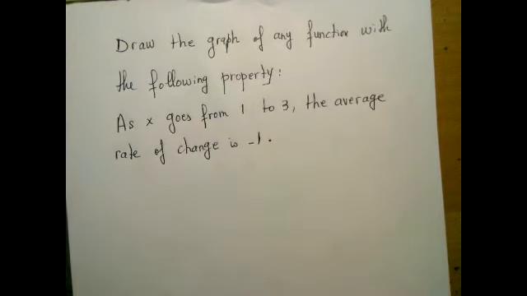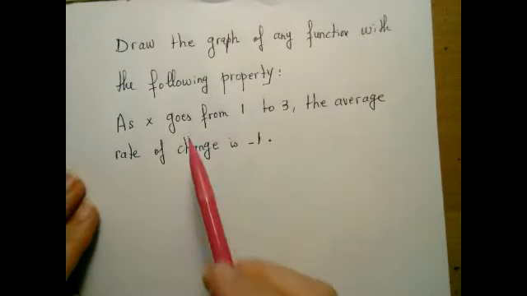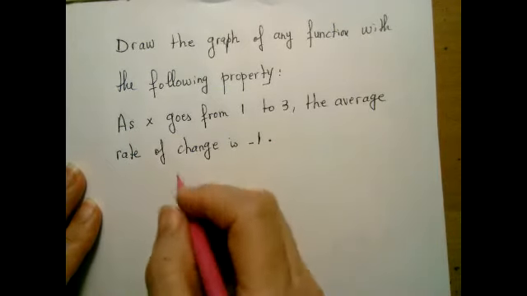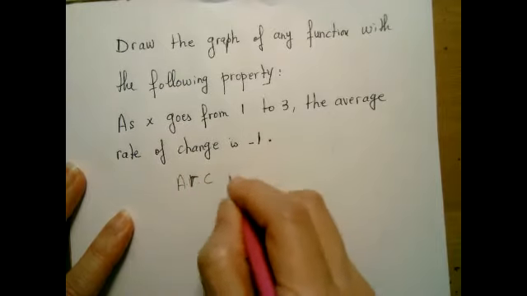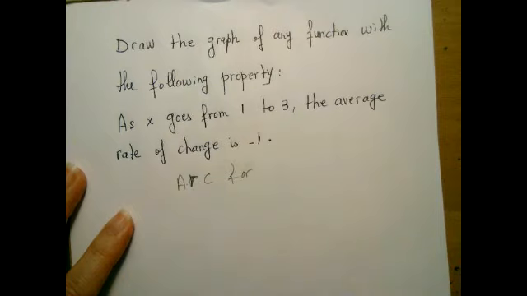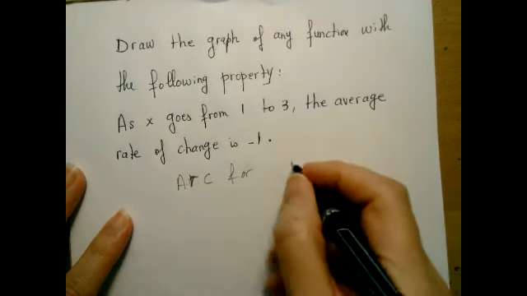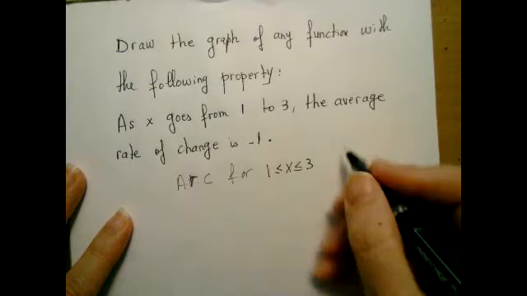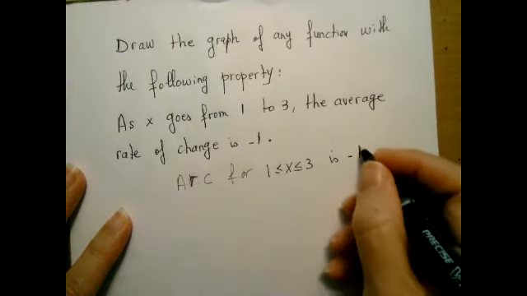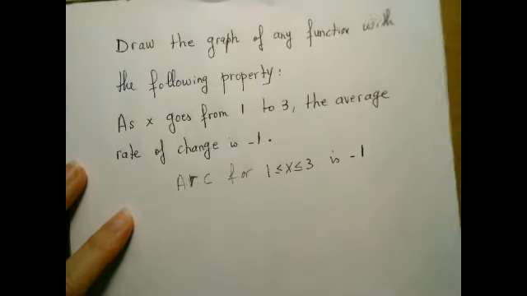So I want you to draw a function such that it satisfies the following property, basically. The average rate of change, that's what they want, for x between 1 and 3 is -1. That's really what they want.